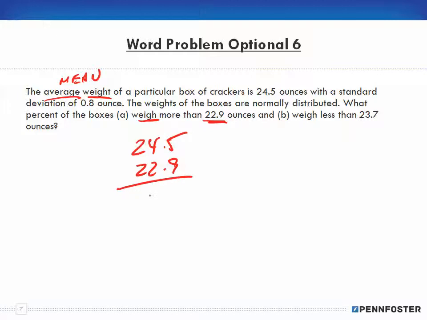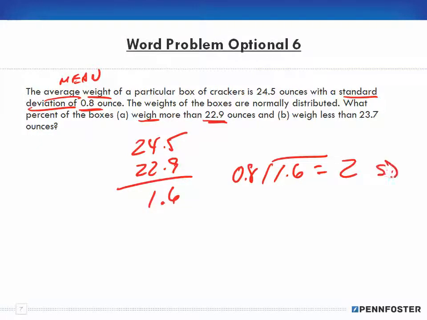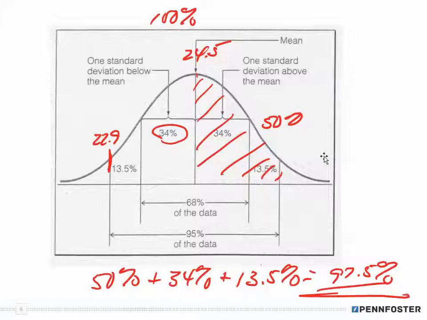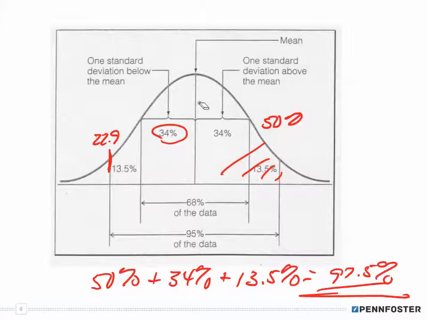The difference between the two is 1.6 ounces, and a standard deviation is 0.8 ounces. So we take the 1.6 and divide by 0.8 to find out how many standard deviations, and that's 2 standard deviations. Now, when we come to our slide here, let me erase all of it.